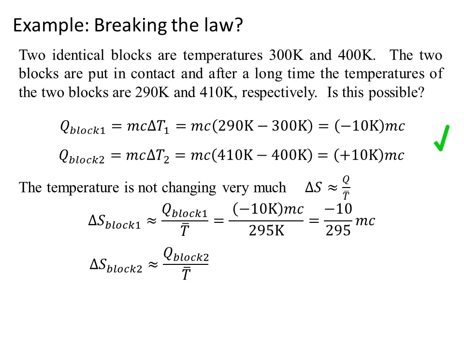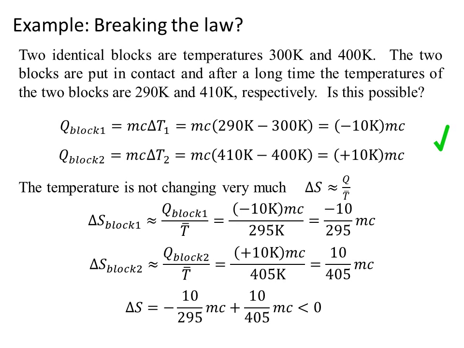For block 2, we again have the heat of block 2 divided by the average temperature. The average temperature is now different, and the heat is different, so we have plus 10 K MC divided by 405 K. And that gives us the fraction of 10 divided by 405 times MC.